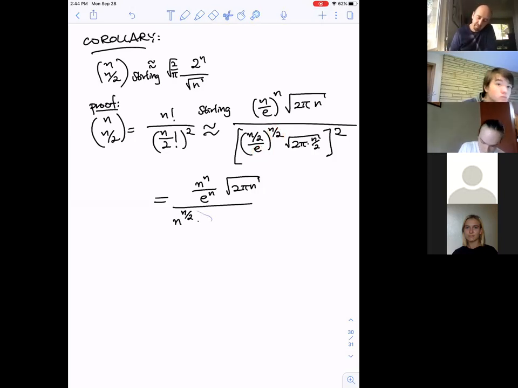Let's be careful. Let's do the denominator more slowly. Let me square everything. That's the mistake I was making. I was forgetting to put that squaring in with that n to the n over 2. So I'm going to bring that squaring into everybody. I've got n over 2e now raised to the n, because I had an n over 2e, used to be raised to the n over 2, but then it got squared.